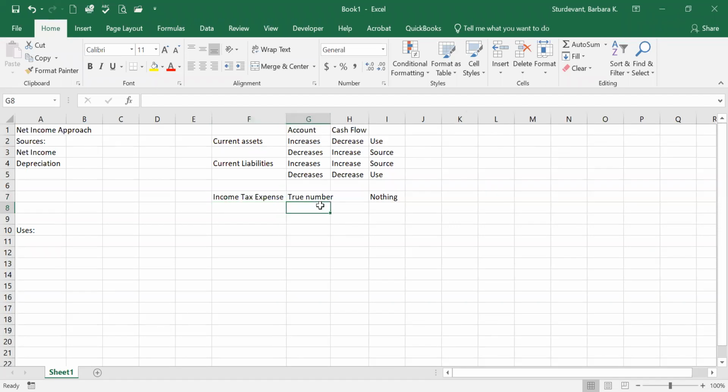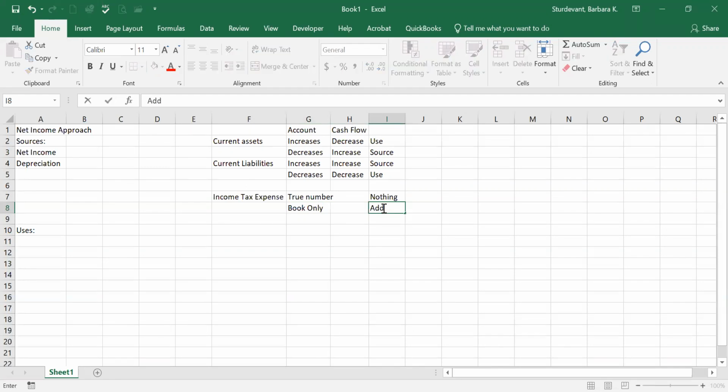If they tell you that the income tax expense is book only, then you need to do two things.